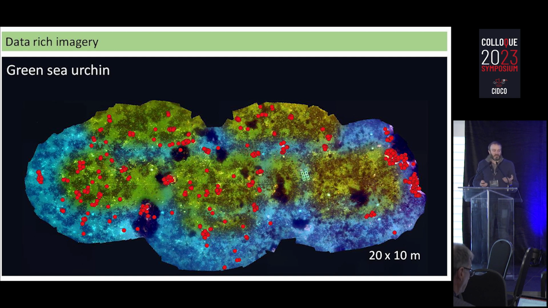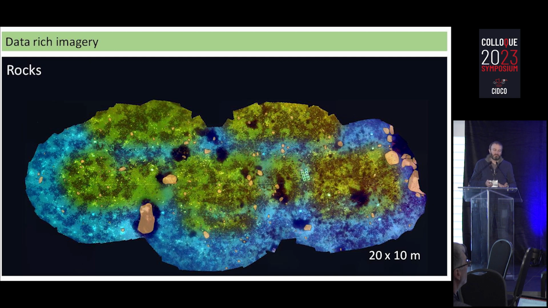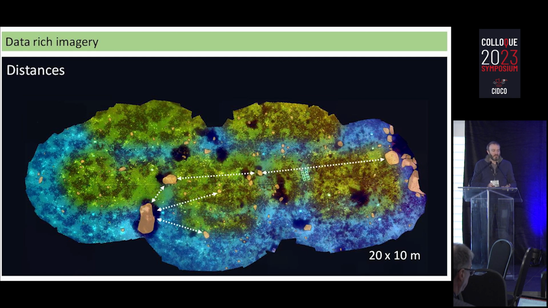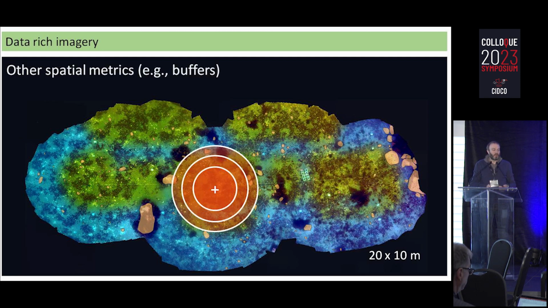Here, for example, each red dot is a sea urchin. You can also have someone digitize where the rocks were, and similarly the type of algae and where these algae were. Once you have the data this way, you can calculate other variables such as the distance between features in the landscape, or summarize what was in the surroundings of a certain point using different buffers.